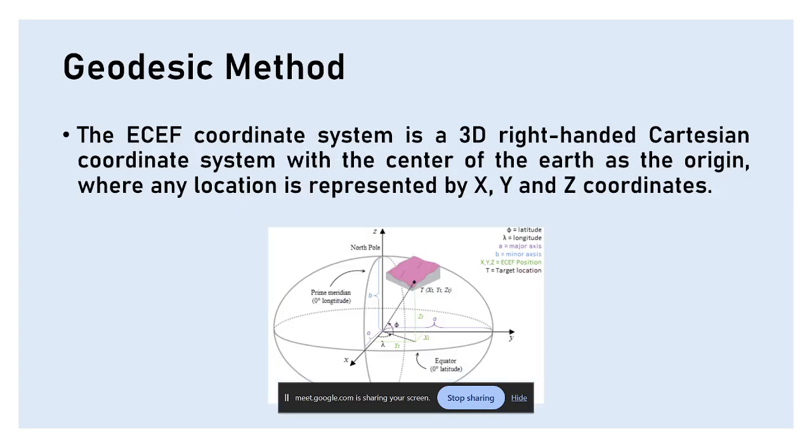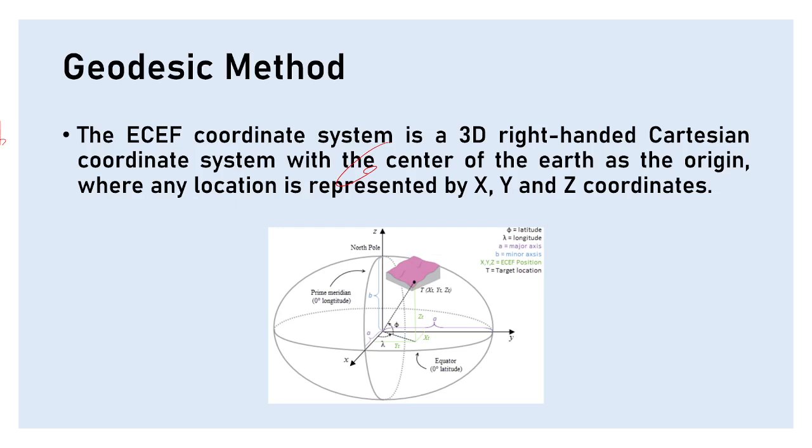The Earth-centered Earth fixed coordinate system is a 3D right-handed Cartesian coordinate system with the center of the Earth as the origin, where any location is represented by XYZ coordinates. Here you have to imagine this to be the ellipsoid that is representing the earth.